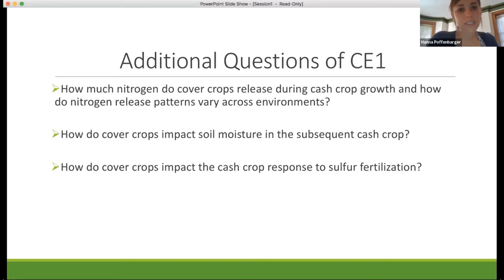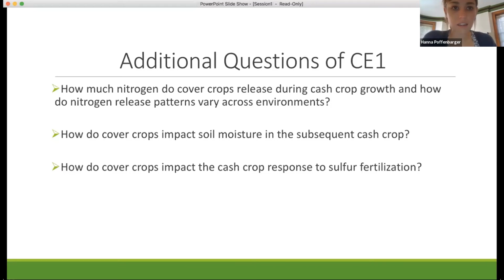So one is using a litter bag study, how much nitrogen do cover crops release during cash crop growth, and how can we better predict those nitrogen release patterns based on environmental variables. How do cover crops impact soil moisture in the subsequent cash crop? How do cover crops impact the response of the cash crop to sulfur?